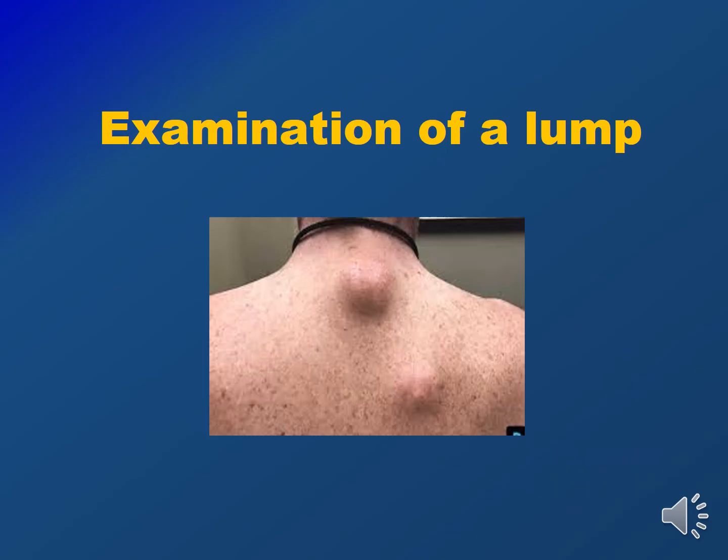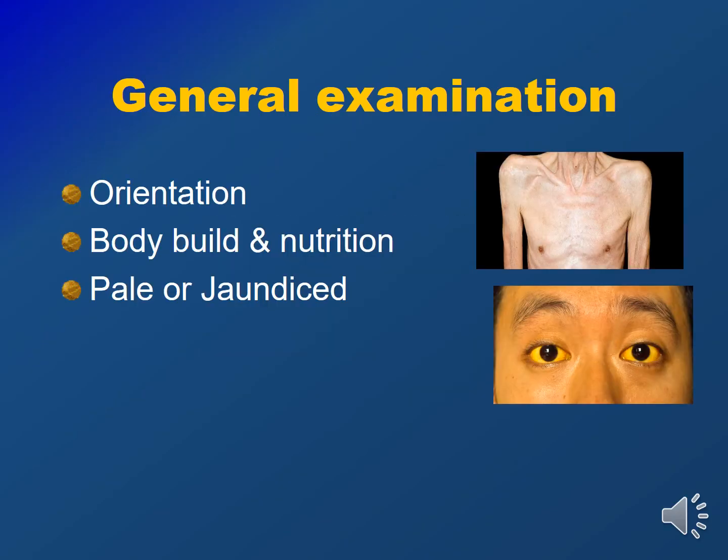Now we'll speak about examination of a lump, which is the main concern of these lectures, in detail. We start with the general examination of the patient. Although he has a localized lump, we have to comment about the orientation of the patient, body build and nutrition.